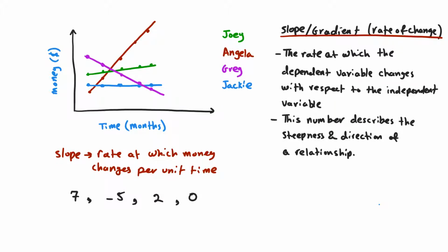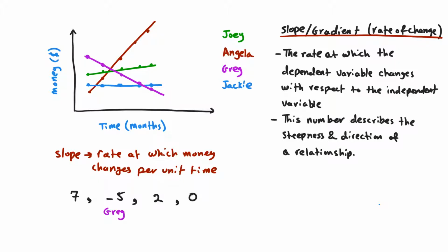So to match the numbers, first of all, we can see that the only relationship which is negative, so as the independent is increasing, dependent is decreasing, is our purple line over here, which is Greg. So we can label the -5 as Greg.